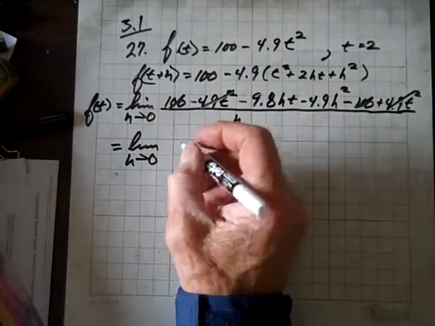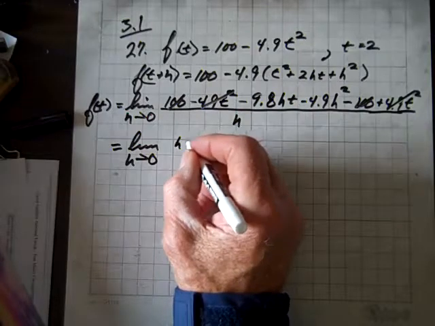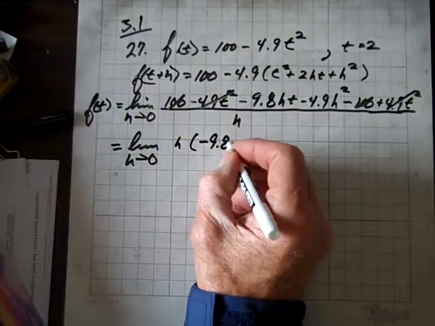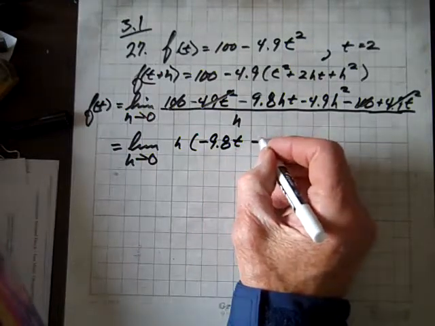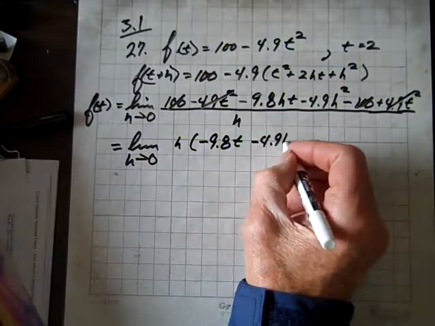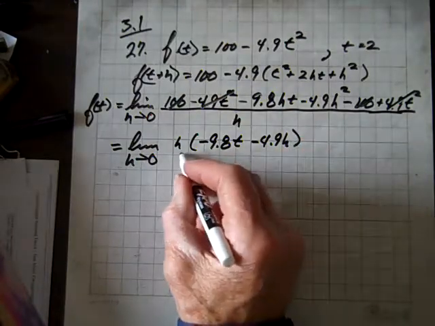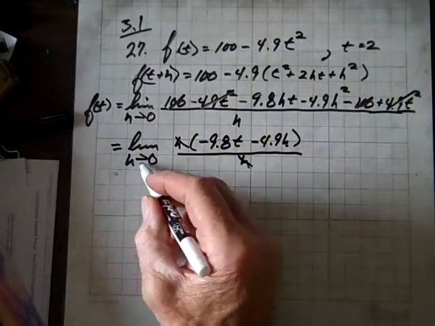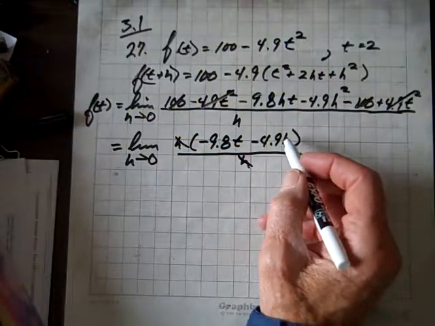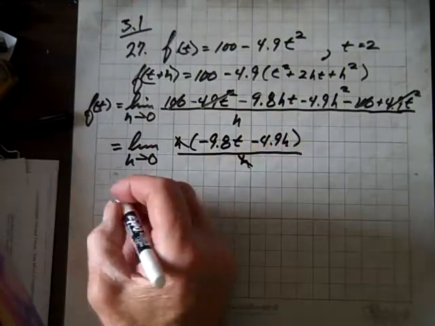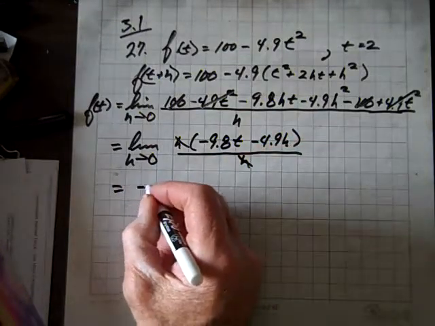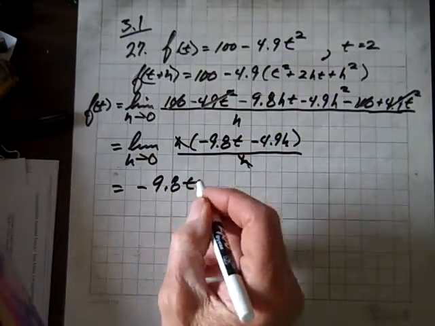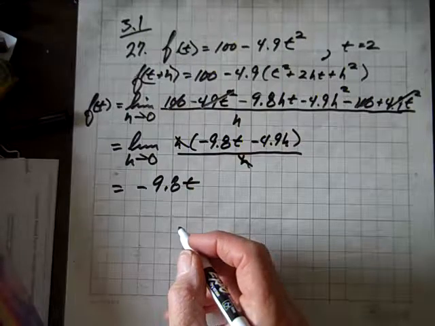So we've got h times (minus 9.8 t minus 4.9 h) all over h, and those h's divide out. Now we'll let h go to 0, which wipes out this term, and that leaves us with negative 9.8 t. So there's our slope.